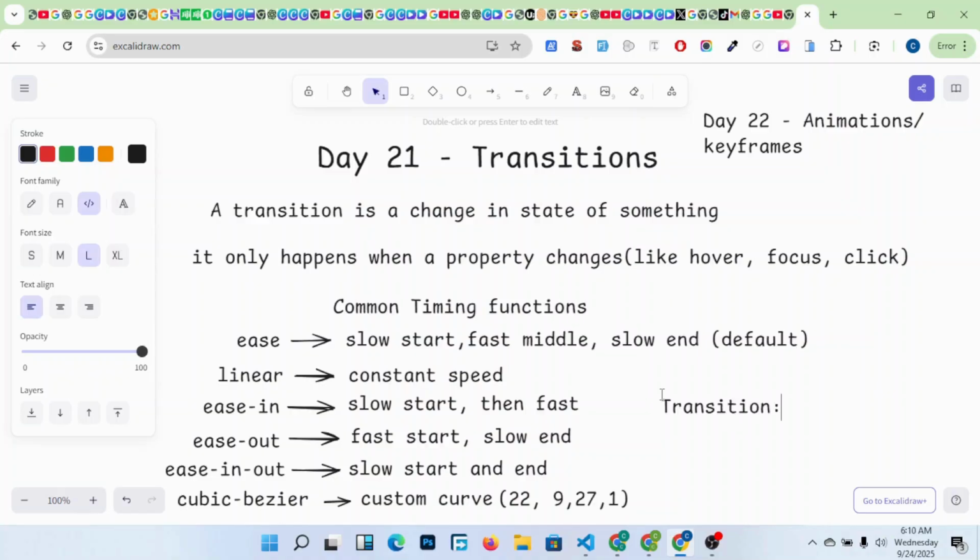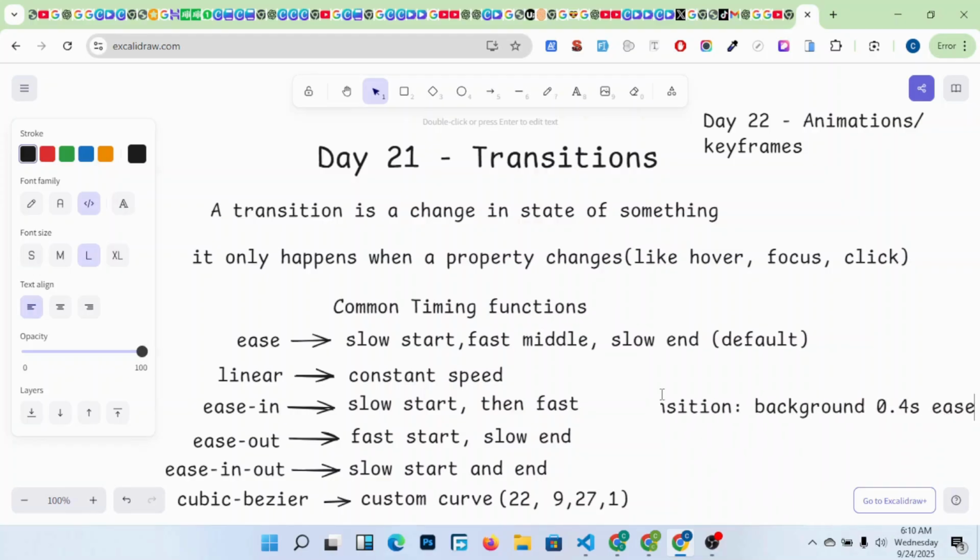Then for example, I can use background. I may say here background, and I say 0.4 seconds.